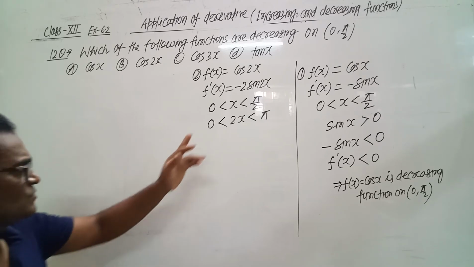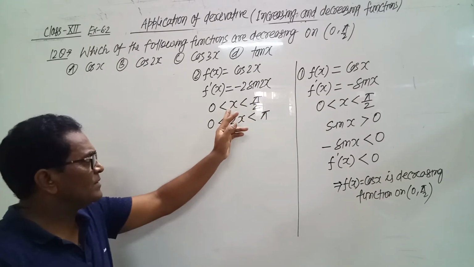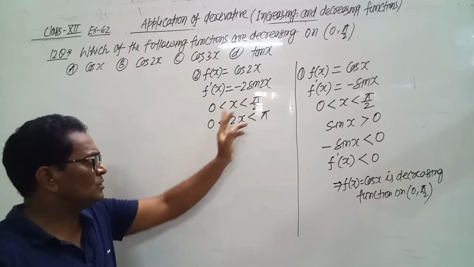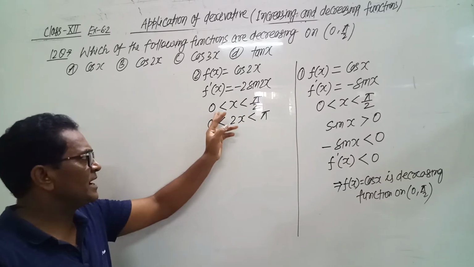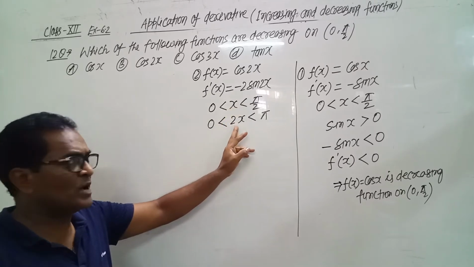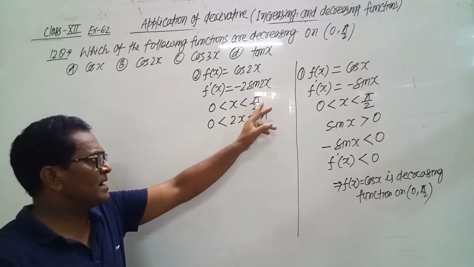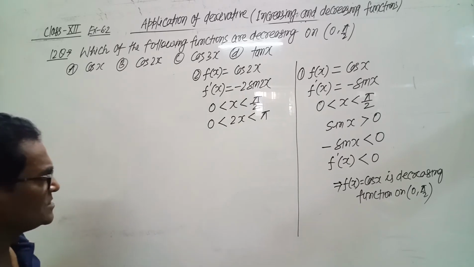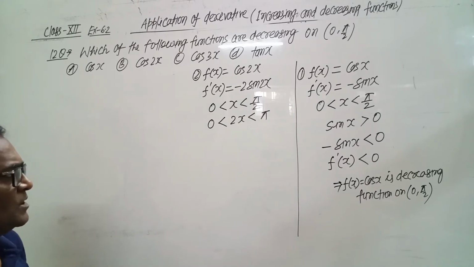We multiplied each term by 2: 0 multiplied by 2 is 0, x multiplied by 2 is 2x, and pi by 2 multiplied by 2 is pi. It means 2x lies from 0 to pi.